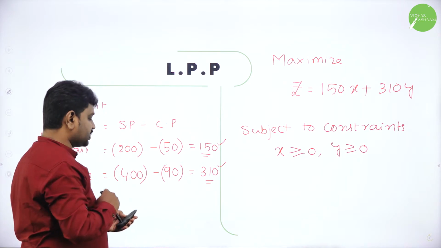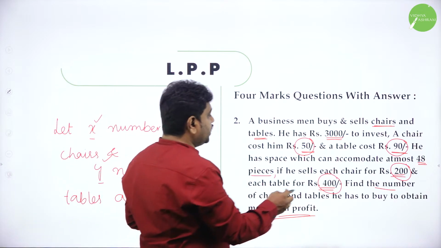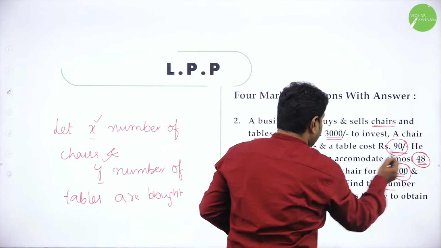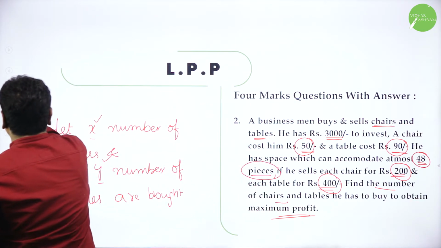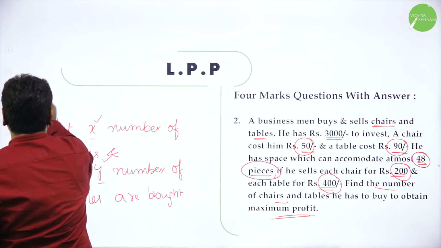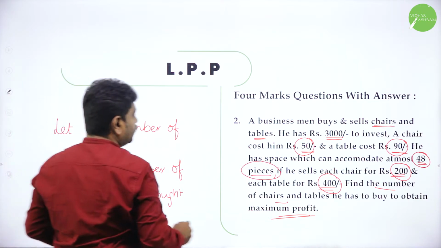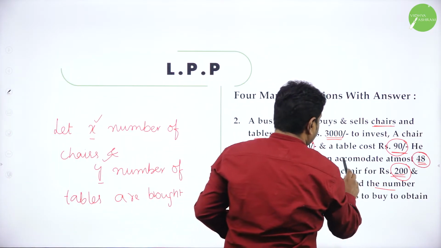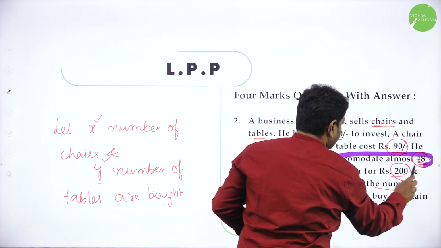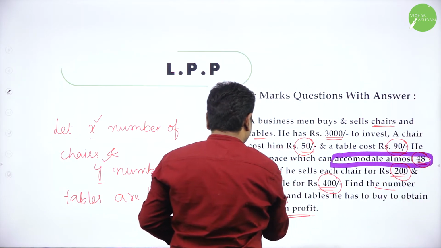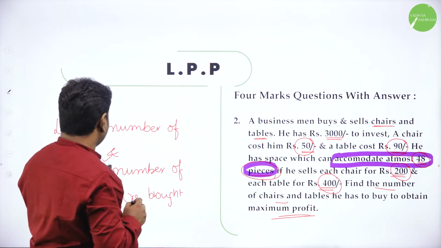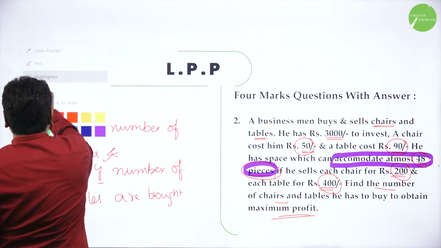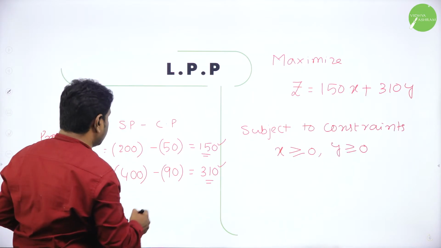Then the space constraint. When you read, they told us he can accommodate only 48 pieces. So the total number of chairs and tables cannot be more than 48.